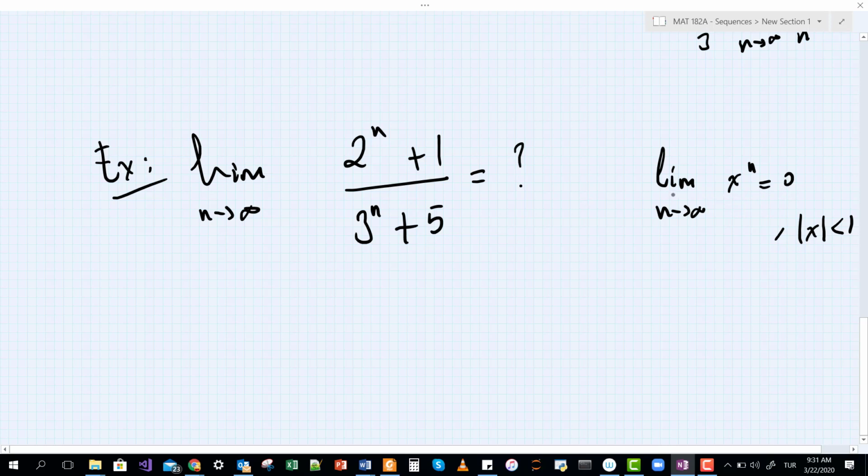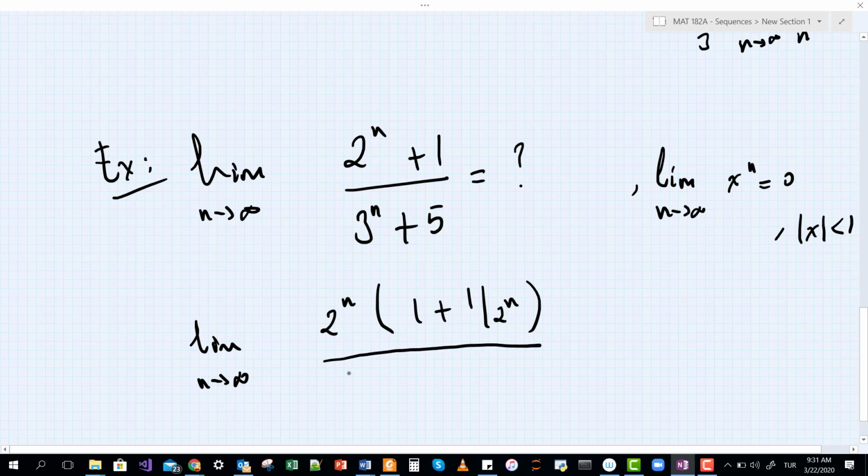How can I apply this feature to solve this problem? I will use a similar technique as I did in my previous problem. I will take some terms out so that I can use this feature, guys. 3 to the n, sorry.